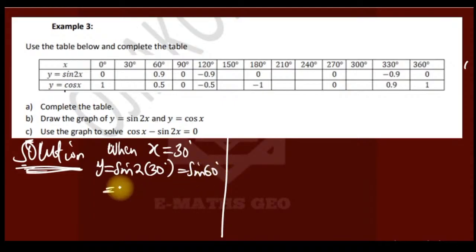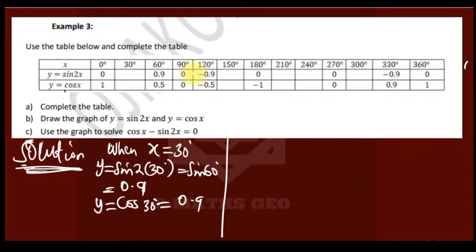And sine 60 is 0.8660, which is 0.9. We'll be using one decimal place. It's the same way if you now substitute y equal to cos 30. Cos 30 and sine 60 are the same, so we have 0.9. So that's how we fill up the table.